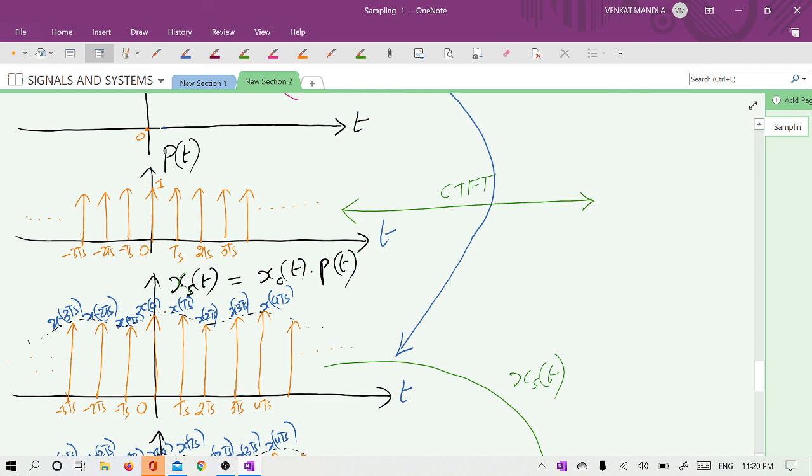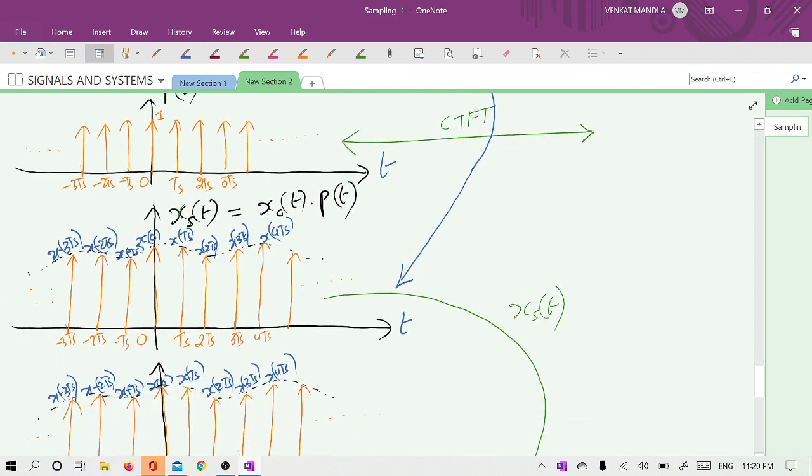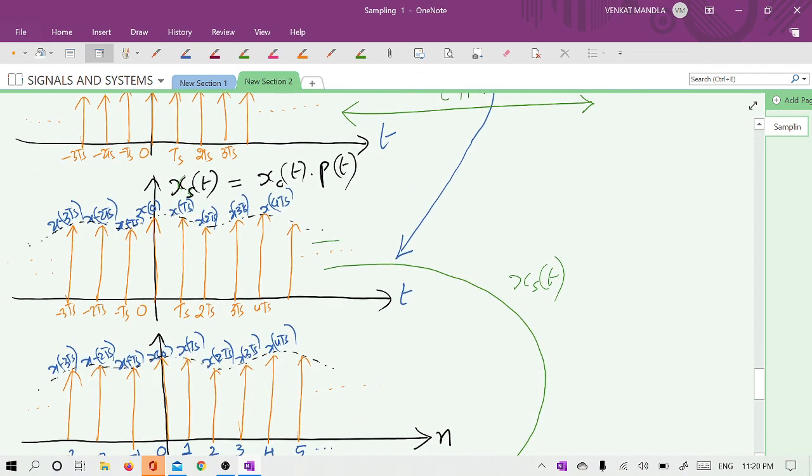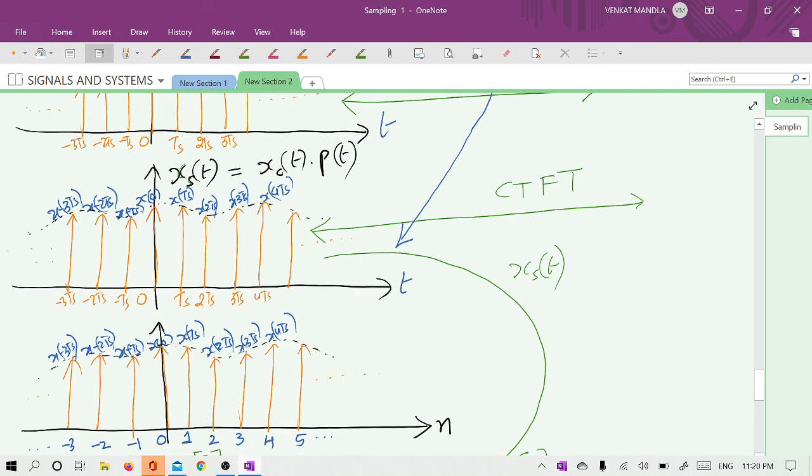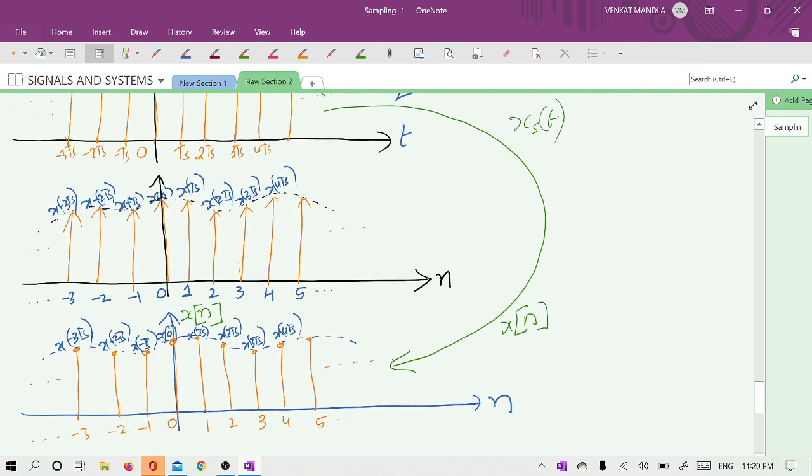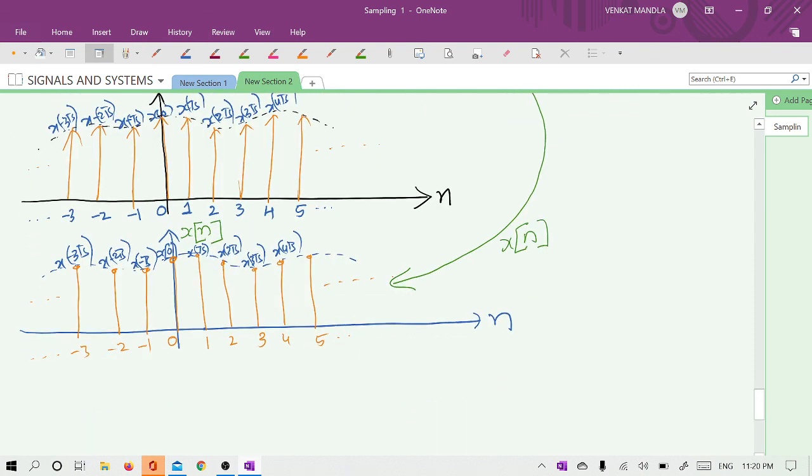But xs of t is not periodic, so you have to find the CTFT. This is also xs of t, I just wrote it two times.